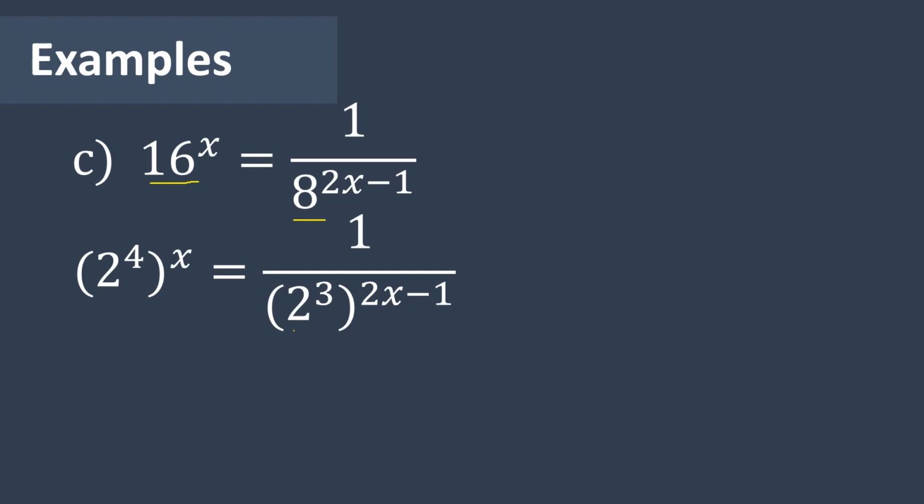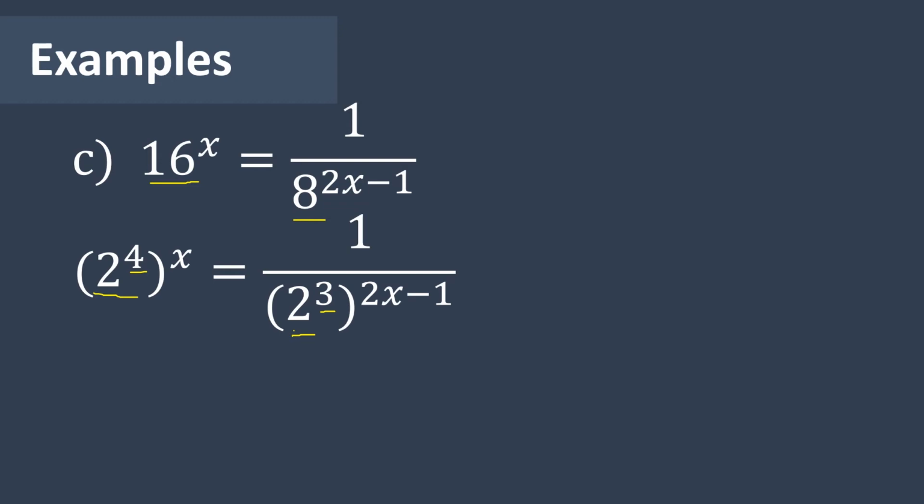But we can transform 8 and 16 into exponential form in which their base would be 2. So 2 raised to 4 is equal to 16. And 2 raised to the exponent 3 is equal to 8.